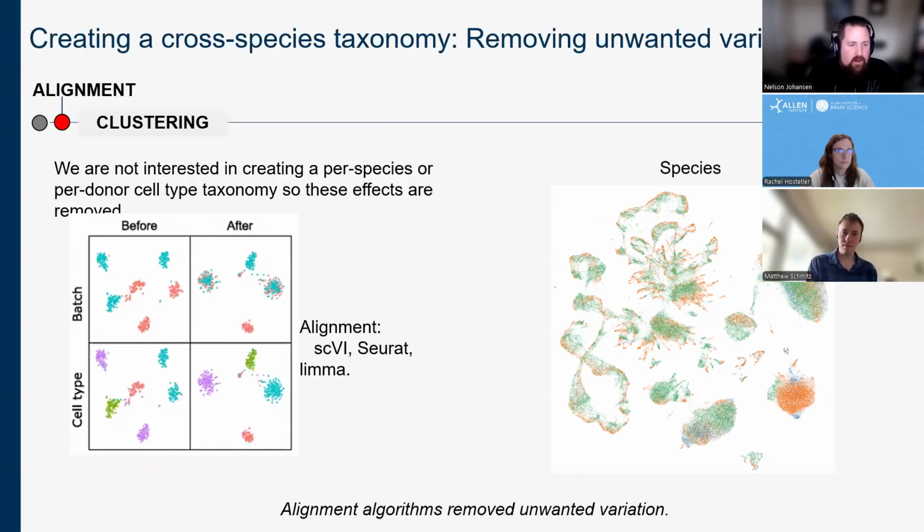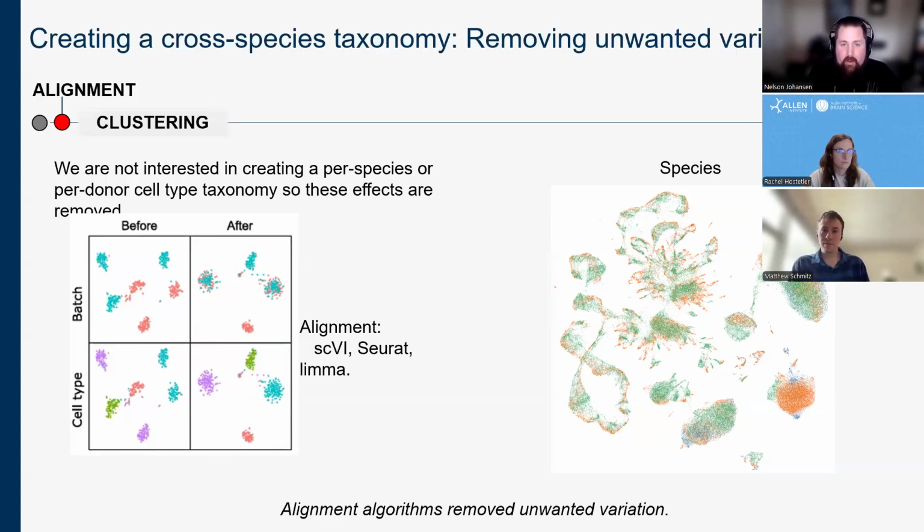So our first goal is just to build a taxonomy of cell types. So we want to remove the species effect on expression, and we do that through alignment algorithms like SCVI, which is one that we use in this case, but also there are approaches like Seurat and linear methods like Limma to correct for, say, species, donor, just unwanted variation that isn't important to the process of building taxonomies.